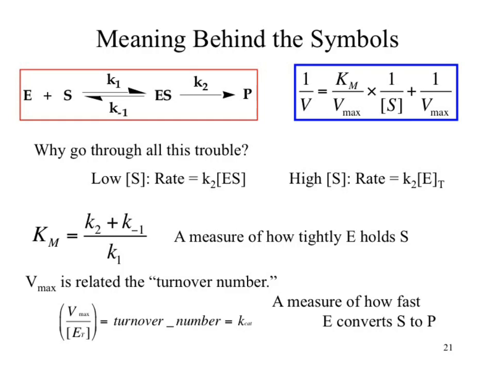So we can then report some of these values and get a better idea of what each of those things mean and how we can interpret and use them. So someone could go through, run the experiment, and say, oh, I know what Km is, I know what the turnover number is. I can relatively quickly summarize the efficiency of that enzyme and what it's targeting and what it's doing, or how fast it's doing it, hence the kinetics.